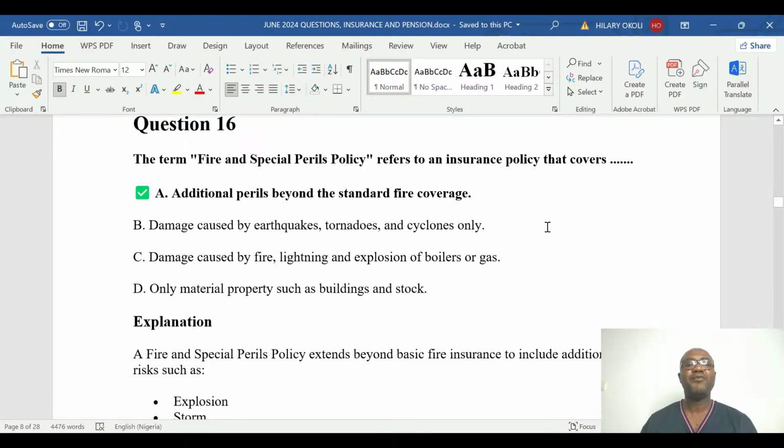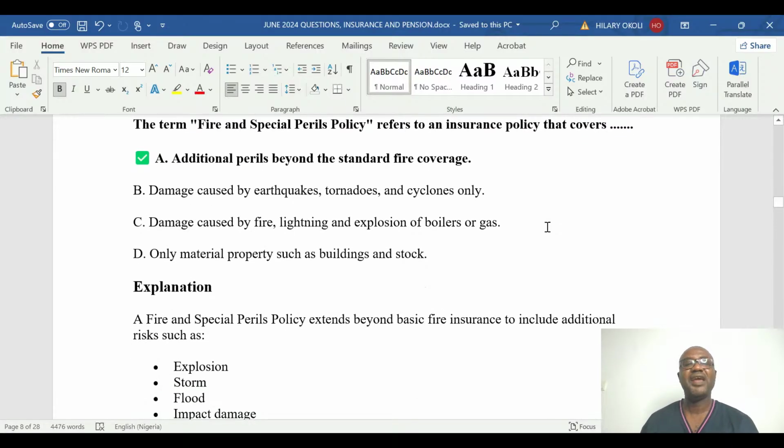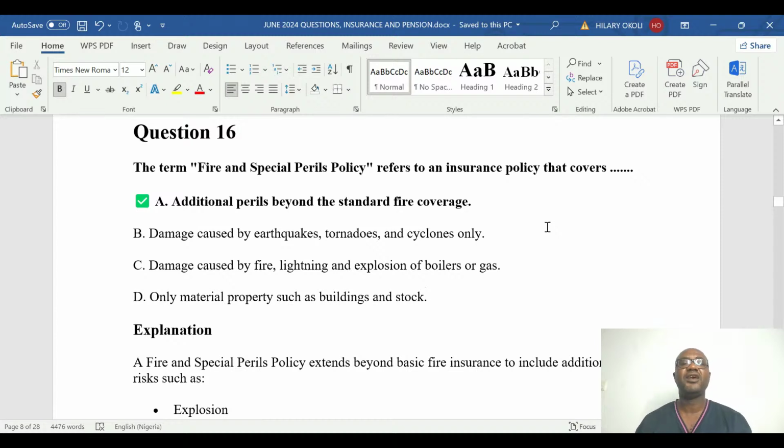So the term fire and special peril policy refers to an insurance policy that covers what? It refers to an insurance policy that covers additional perils beyond the standard fire coverage.